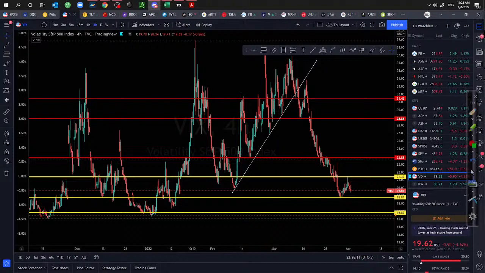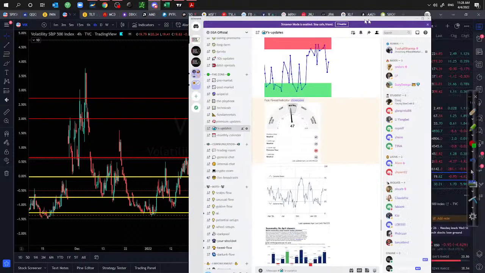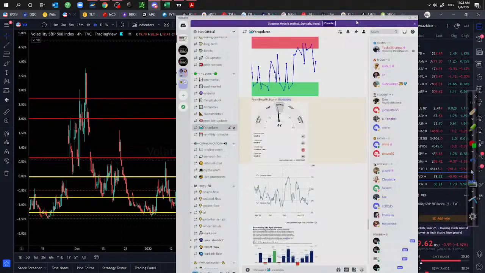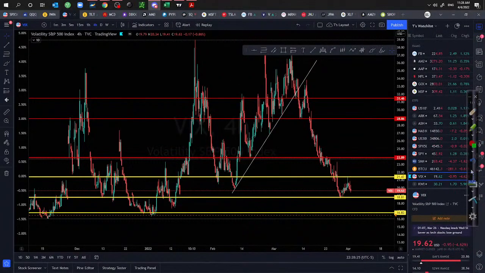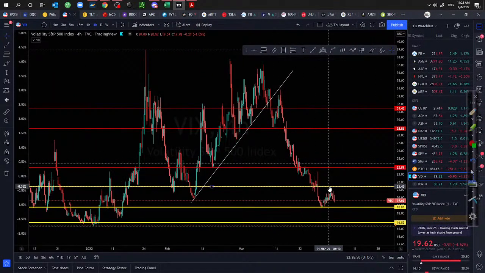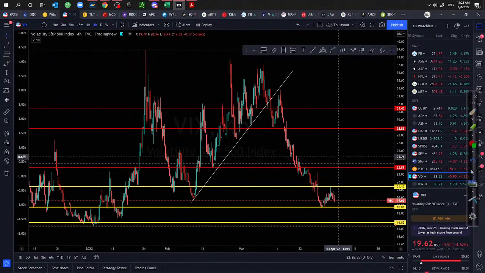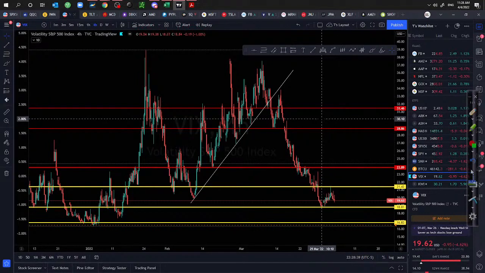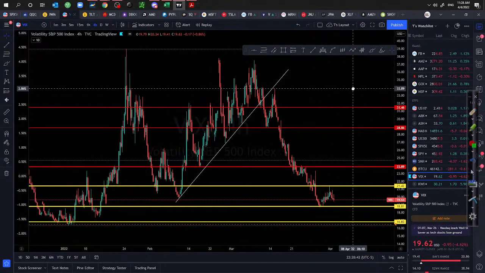For those of you that don't know where we are in terms of the positioning for fear and greed, we're in neutral right now, and we are just coming out of fear. So we haven't really pivoted into much of the other expectations here. The VIX spiking here would be very normal because we've had a pretty big pullback, and we should expect that. So this all goes hand in hand together, right? Remember, confluence. You need to look at everything at the same time, and then that would make a lot more sense to you.